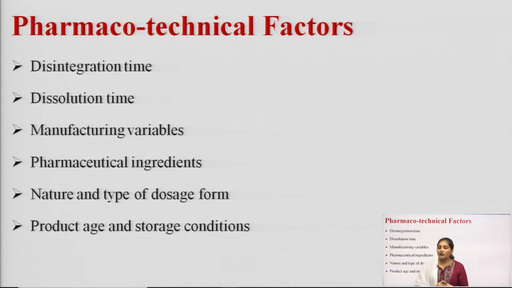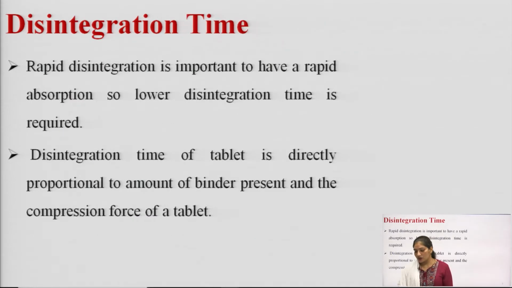The first factor related to the dosage form is disintegration time, second is the dissolution time, third is manufacturing variables, fourth is the pharmaceutical ingredients, next is the nature and type of dosage form, and next is the product age and storage conditions.